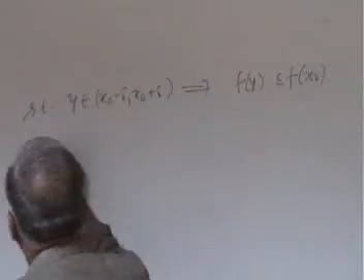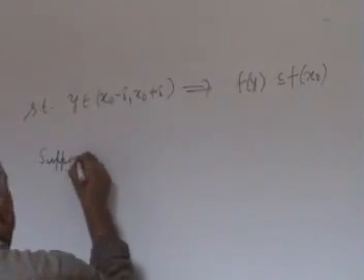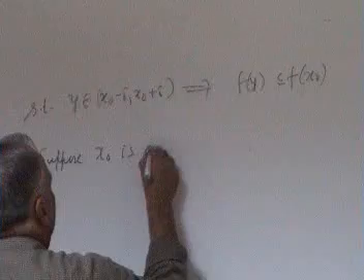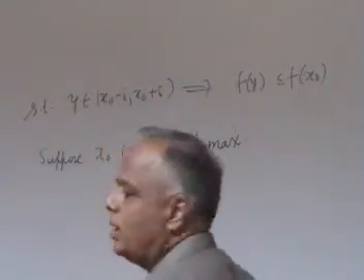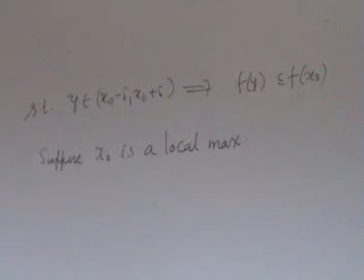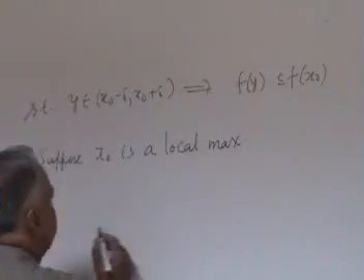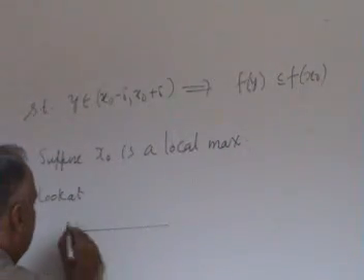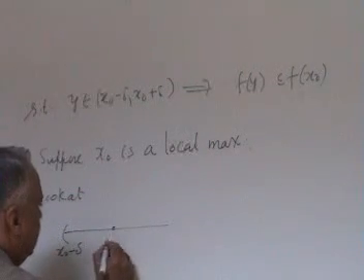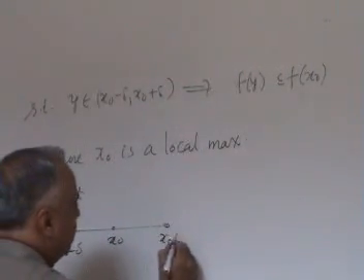Now suppose x naught is a local max. Then look at this interval.